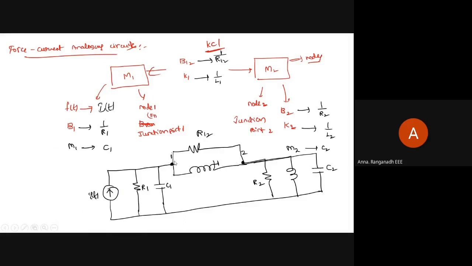While applying at node 1 and node 2, the voltages may be treated as V1 and V2, because the current is I equals V by R for resistance, so V is mandatory. At node 1, we consider the node voltage V1. At node 2, node voltage V2. Now first I will draw the equivalent sub-circuit by considering node 1.